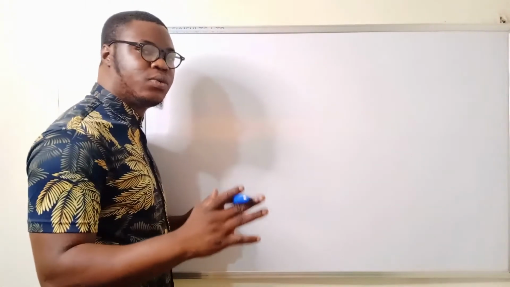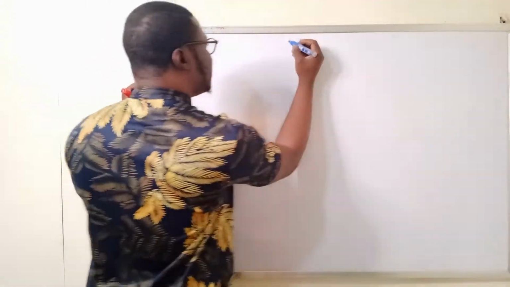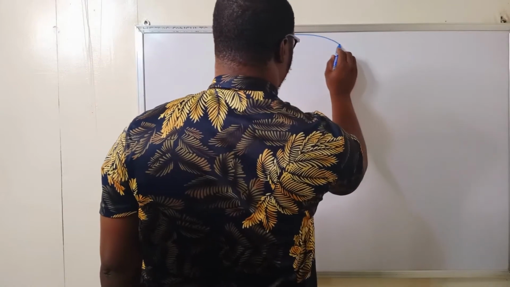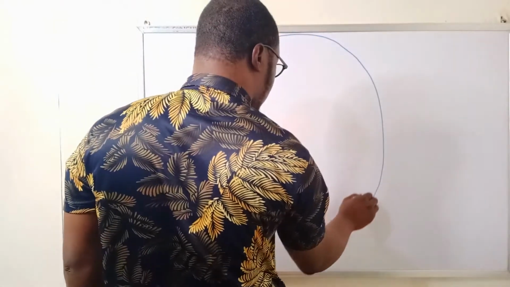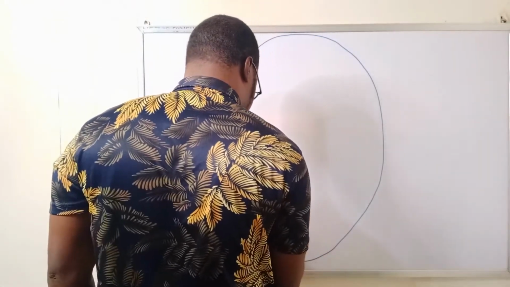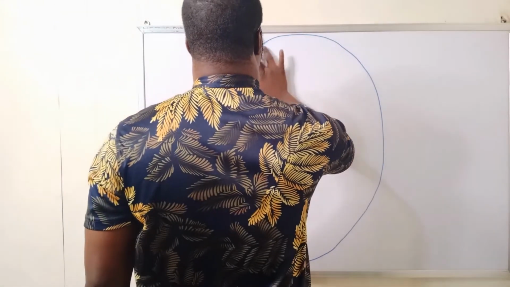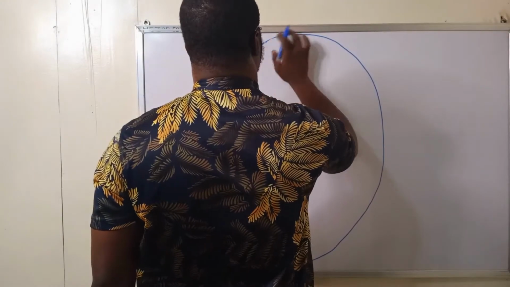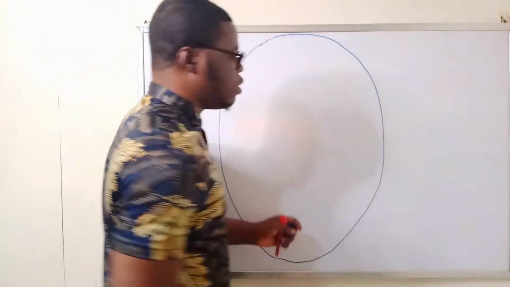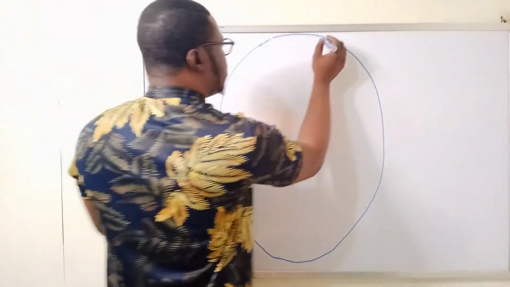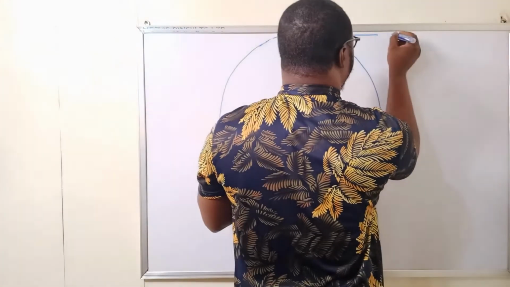So you draw a spherical shape first, or almost spherical. Now, after doing this, you label. The outermost part is the cell membrane.